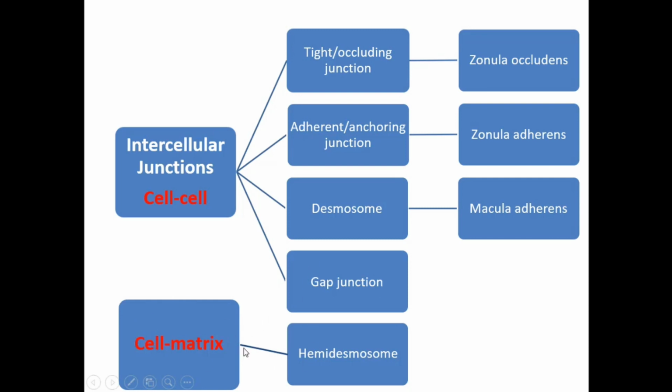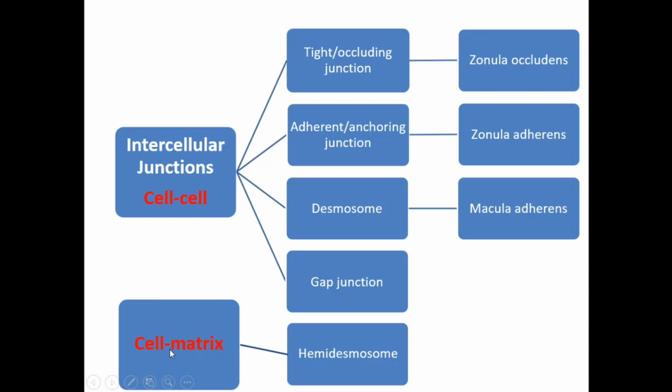The last one is the hemidesmosome. Hemi means half, because it's like a half of a desmosome. We don't classify this junction with the intercellular junctions, because it attaches a cell to the matrix.